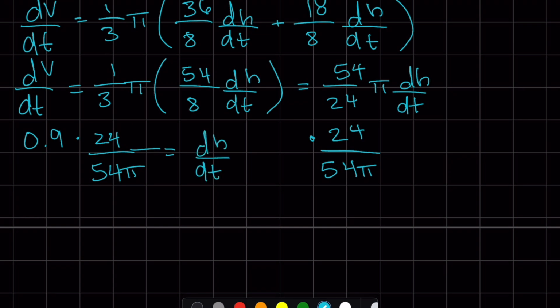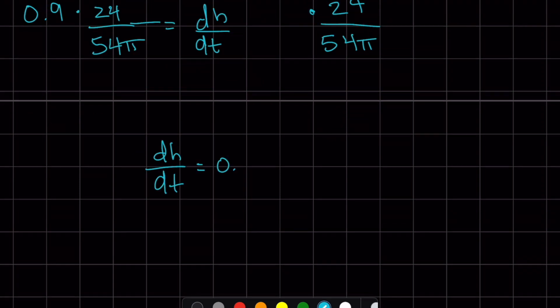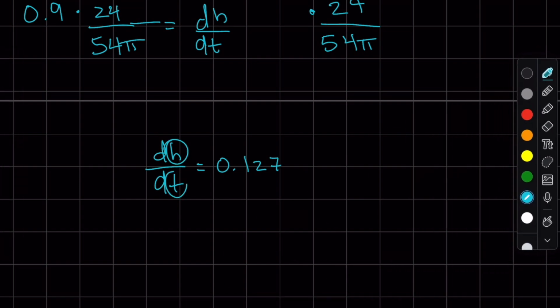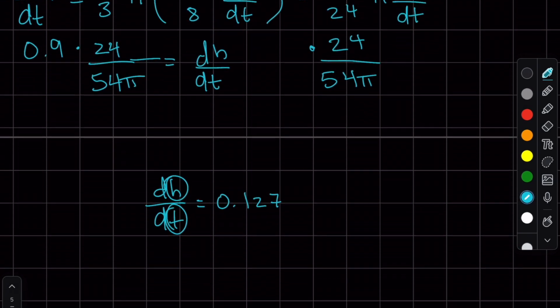And when I plug that in, I get dh over dt to equal 0.127, and that's height per time. So in this case, that's going to be inches per second. Nope, per minute. We were using minutes. And that would be the answer to this problem.